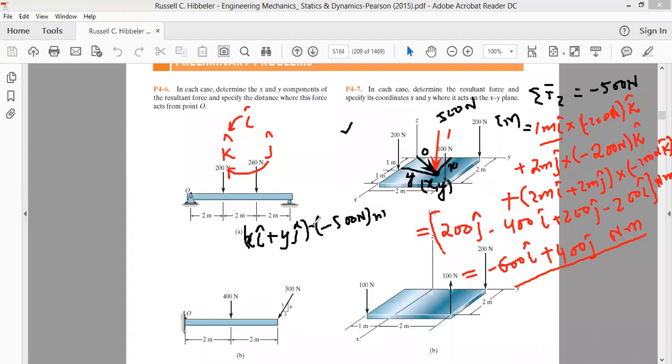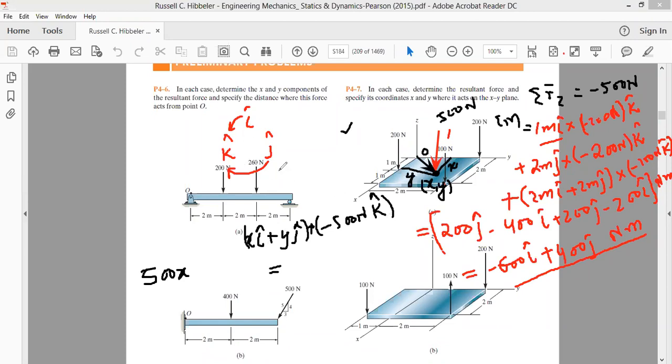This is R cross F, the moment of this 500 Newton force about an axis passing through point O. The force of 500 Newton is acting along minus k cap, so the magnitude is x into 500, that is 500x Newton meter, and this is i cross k.